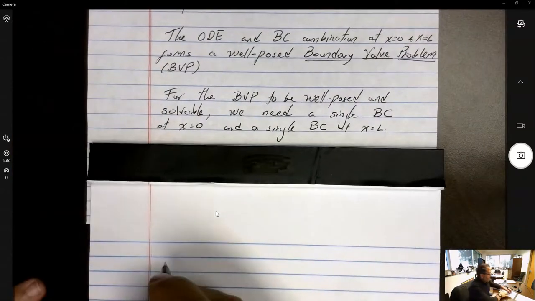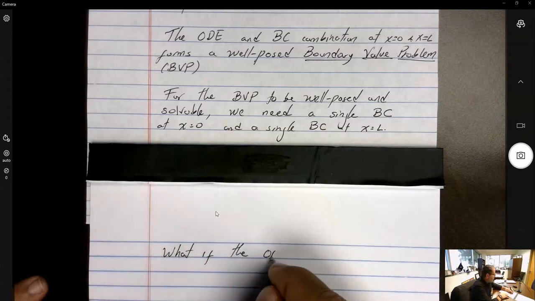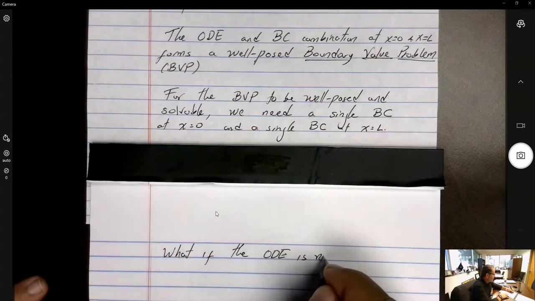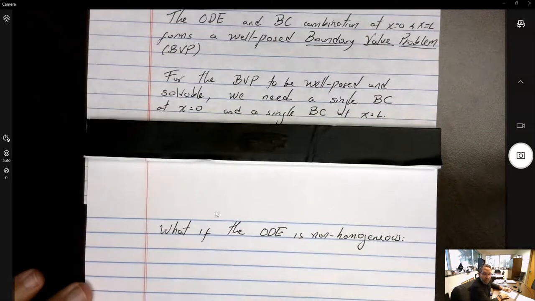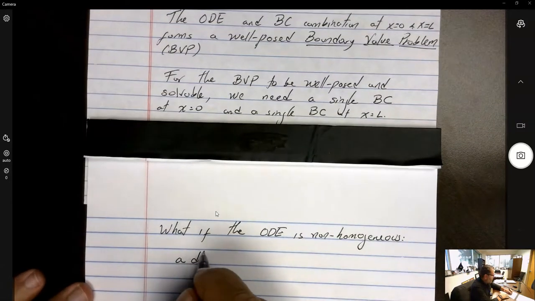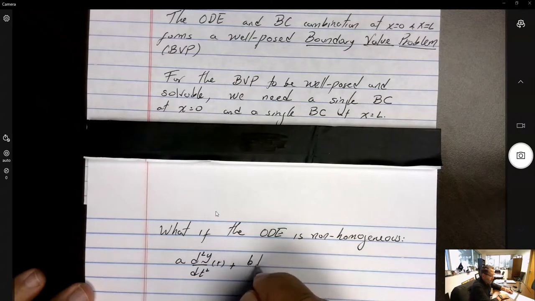So now what if the ODE is non-homogeneous? Again, let's continue to discuss this in terms of time. So this is an initial value problem, so the differential equation is a function of time.